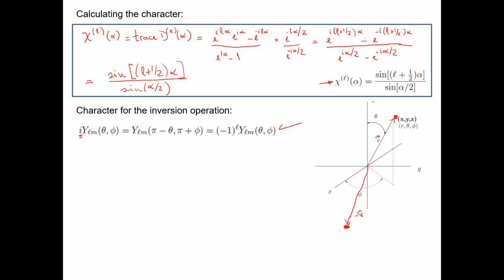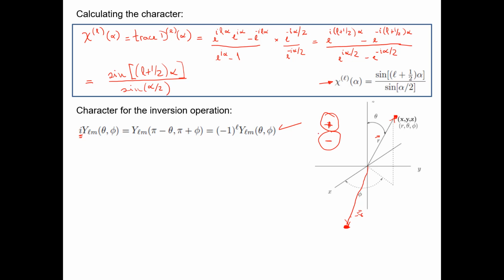Okay, so for L even, let's say for L equals 0, an S state, or L equals 2, a D state, basically it's unchanged. So they have inversion symmetry. They are even under inversion. But for odd values of L, let's say a P state, if you remember, it has positive and negative values.